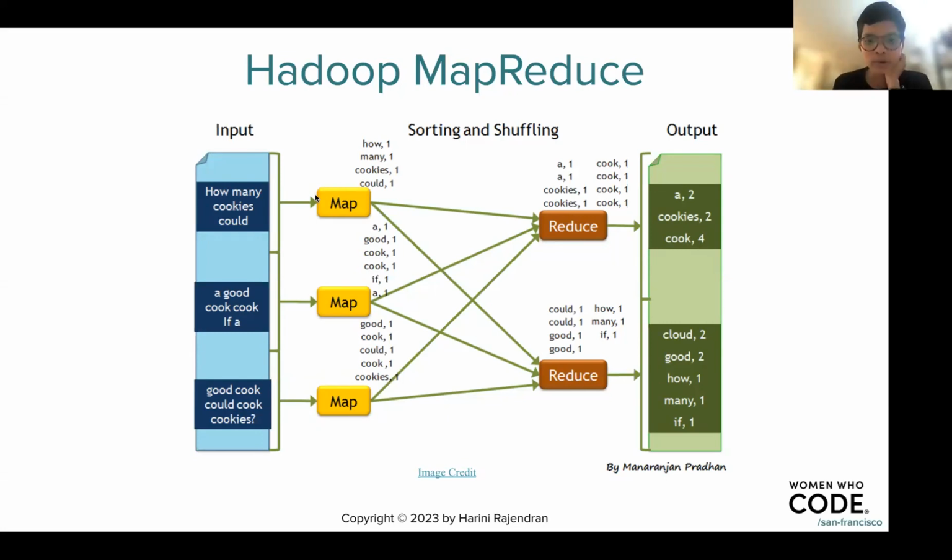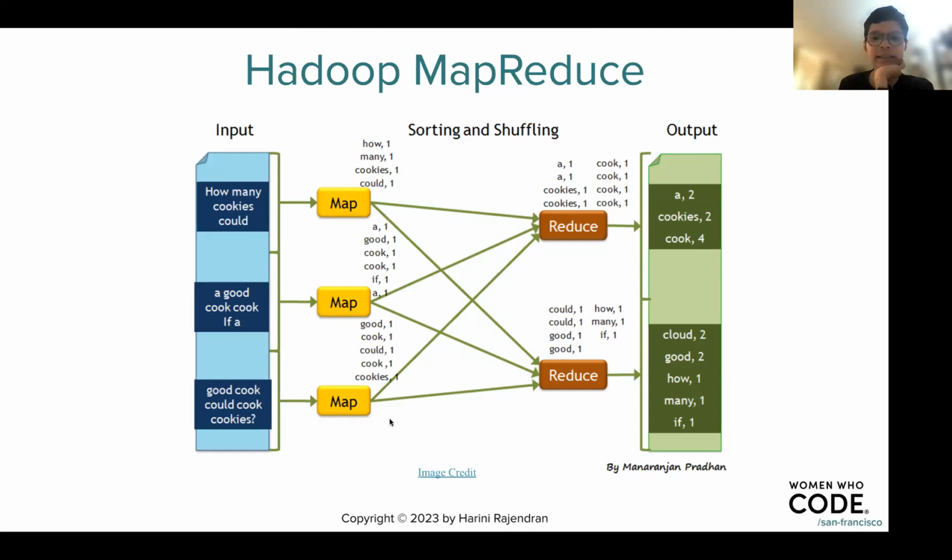The map program only counts the words in the chunk passed to it. So the first mapper says, I have how once, many once, cookies once, and could once, and all the mappers do the same thing. It just counts the words for the chunk of data that it got.